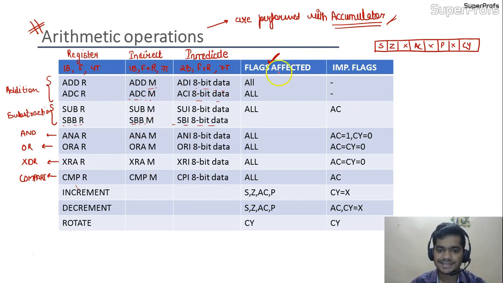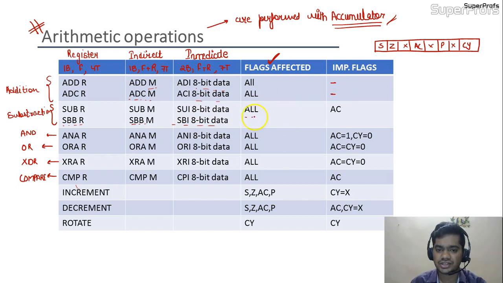You can draw this table, and with the help of this table we can understand which flags would be affected and what the important flags are that should be considered while doing this type of operation. You can see that in addition all flags would be affected, and all the flags are important. That's why we have put the dash here.